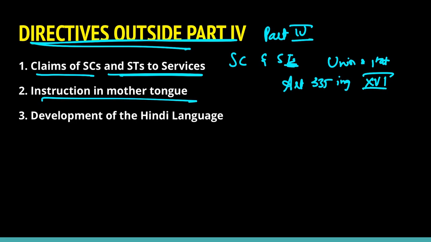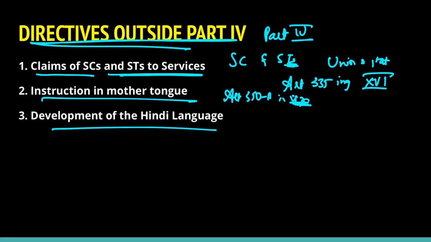Instructions in mother tongue. According to Article 350A in Part 17 of our Constitution, every state and every local authority within the state should provide adequate facilities for instruction in the mother tongue at the primary stage of education to children belonging to linguistic minority groups.